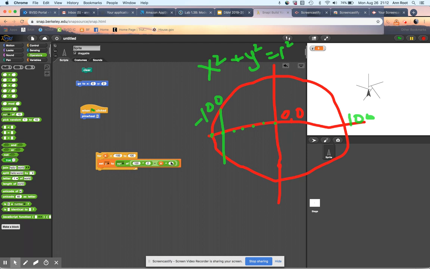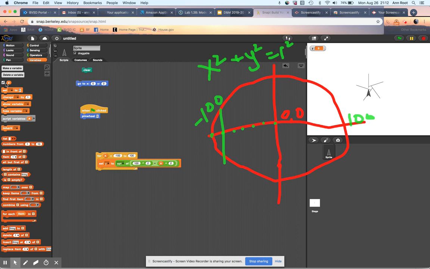Now I've got y is the square root of 100 squared minus x squared, and we can see it calculate here. What if I run this? There's a lot of values there. Alrighty then. Notice they were all positive, so I'm going to have to do something to do the negative first. But let's hold on to that idea.